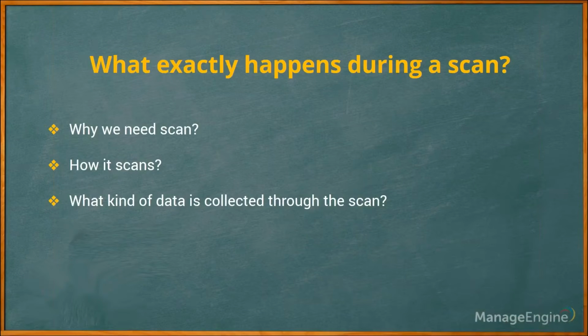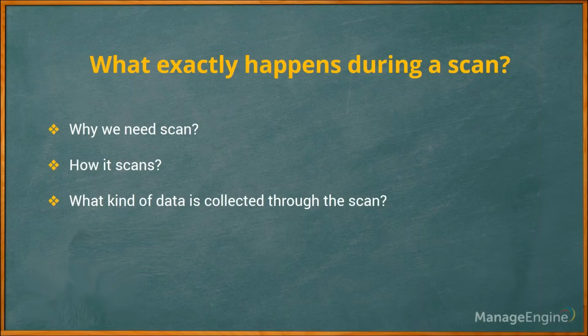Fine. So what exactly happens during this scanning process and why do we need the scan? We need the scan in order to collect every detail from a machine about hardware and software. Based on this scan, we are going to generate a report.